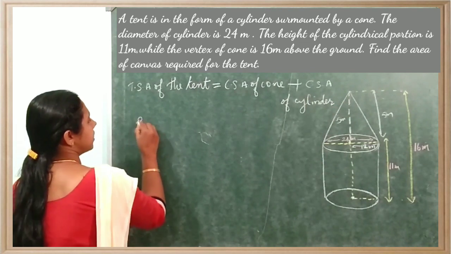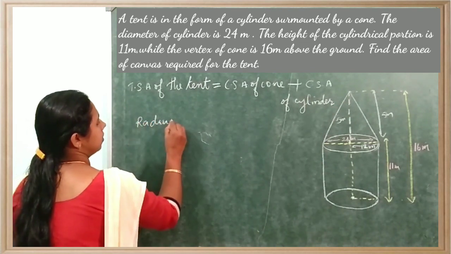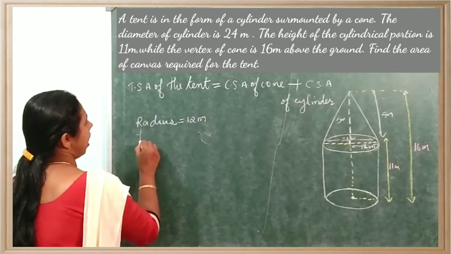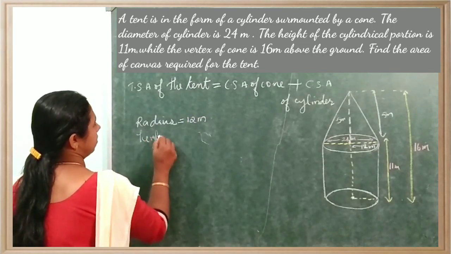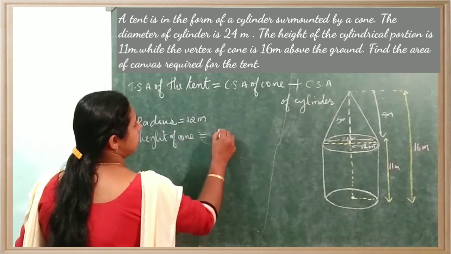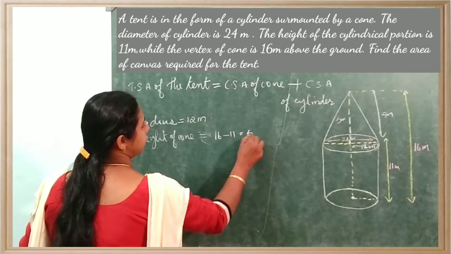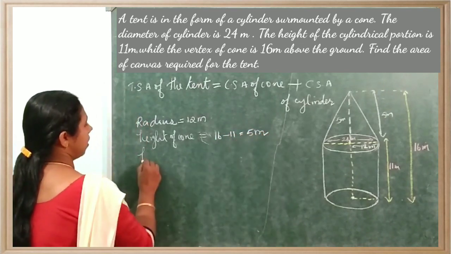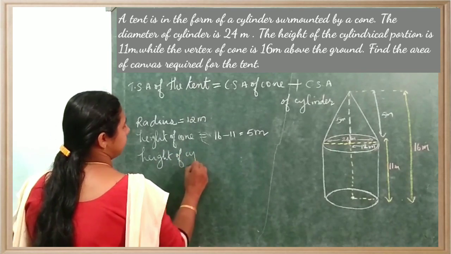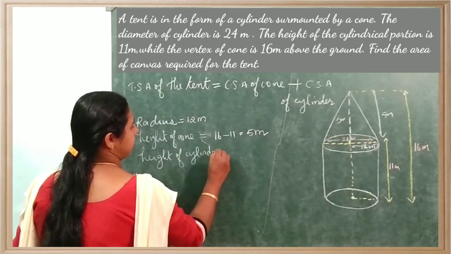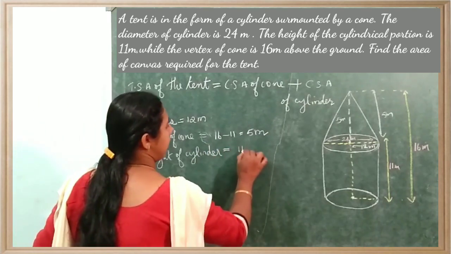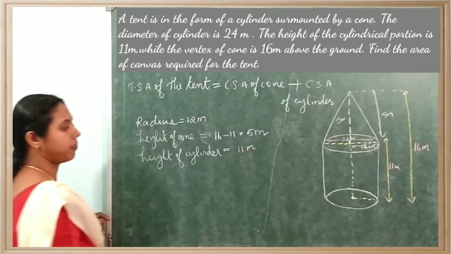So here radius is equal to 12 meter, height of cone is equal to 16 minus 11, that is 5 meter, height of cylinder is equal to 11 meter.